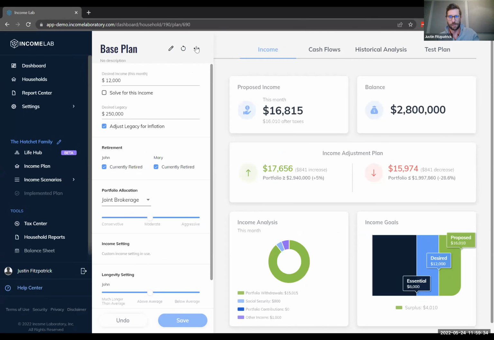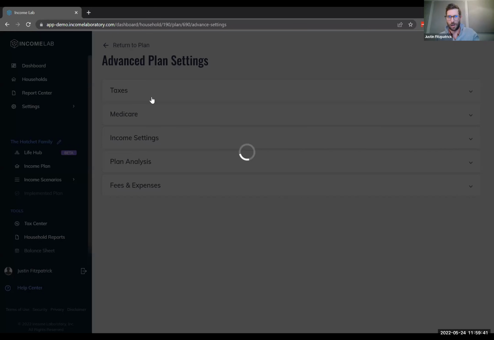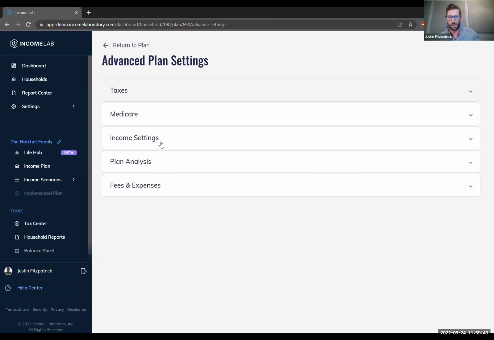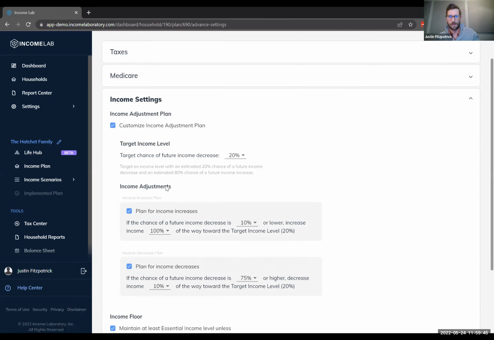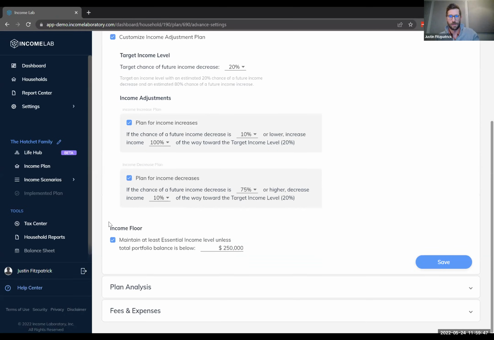So it's kind of just a random example here, but if you go to the advanced settings in a plan, I think this is not often used, but if you go to income settings, you can check, maintain at least your essential income level.